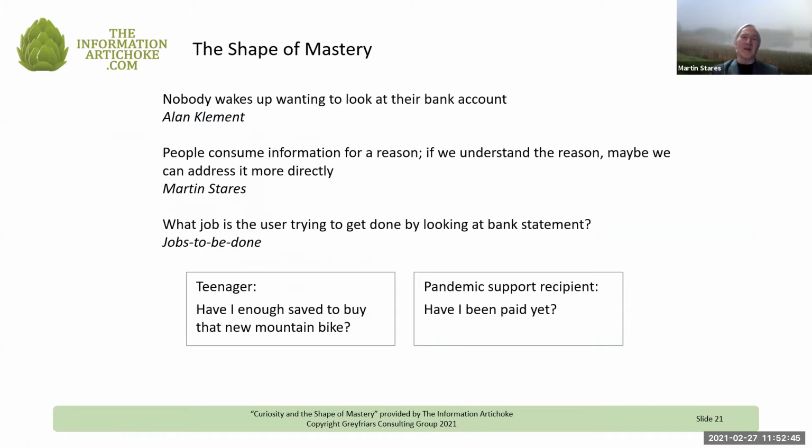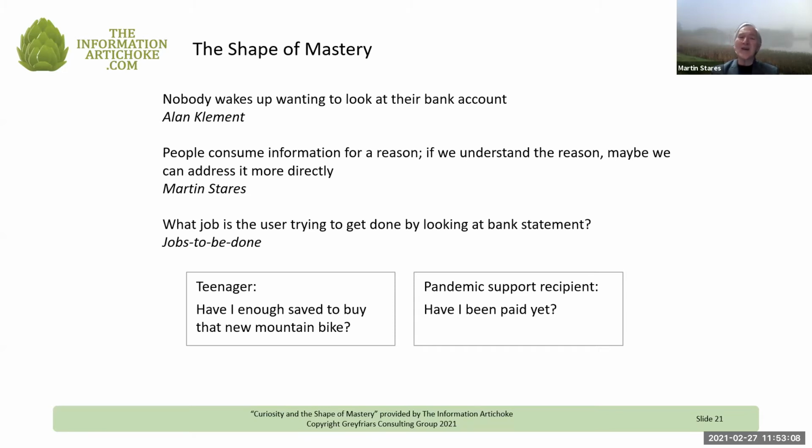First of all, nobody wakes up wanting to look at their bank account. Nobody wakes up wanting to attend a talk called Curiosity in the Shape of Mastery. There's always an underlying reason. And generally speaking, I would say that people consume information for a reason.